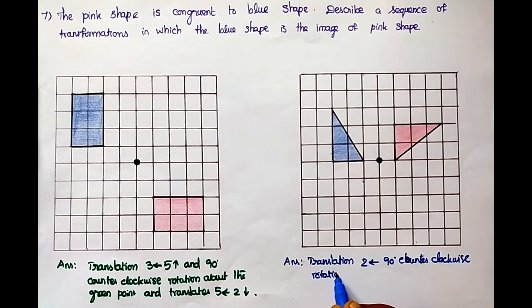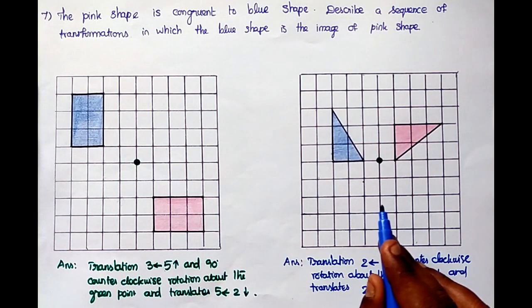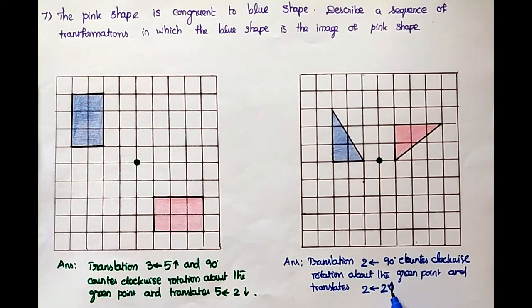Rotation about the green point, and translates how much means 2 moves left side and 2 moves downwards. So that is the answer.